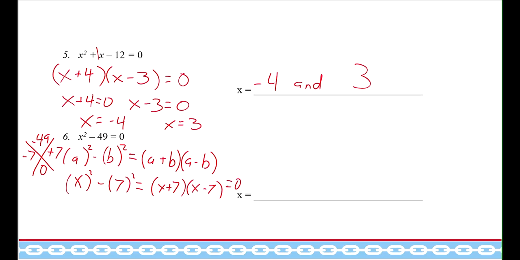So then I would set this equal to 0, and I split to two factorings. So then when I solve those, I get x equals negative 7 and x equals 7.